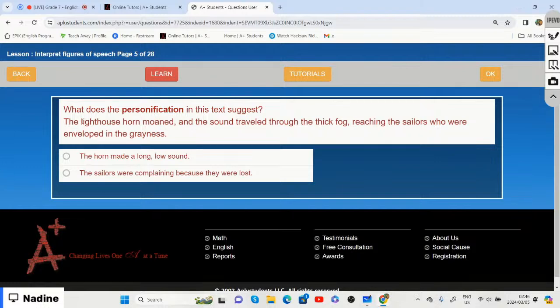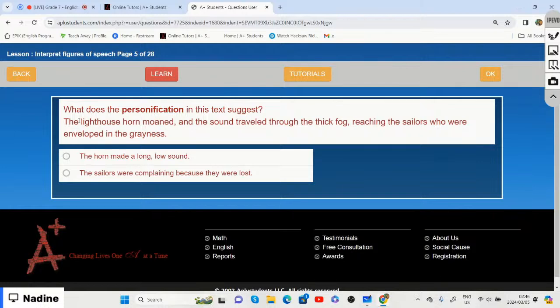And the last one says, what does the personification in this text suggest? It says the lighthouse horn moaned and the sound traveled through the thick fog, reaching the sailors who were enveloped in the grayness.